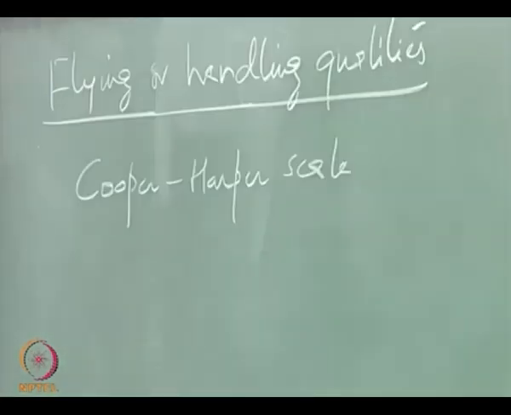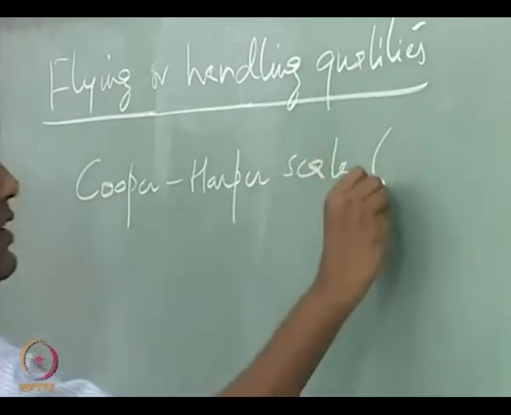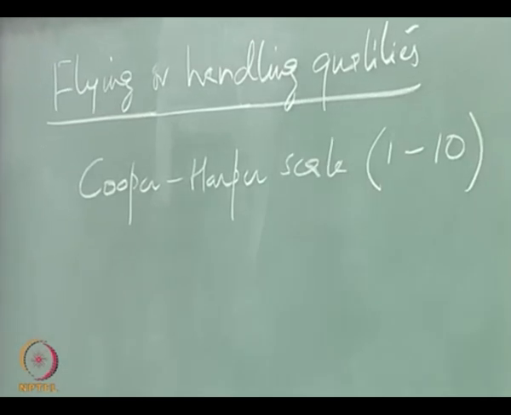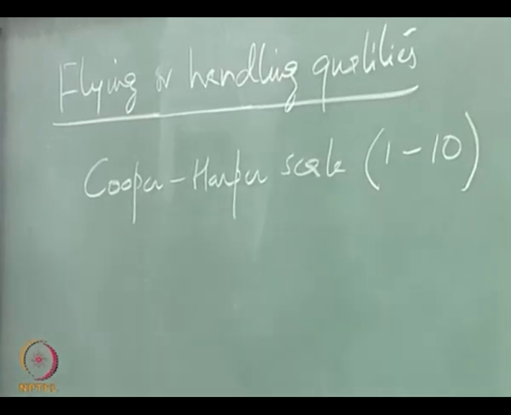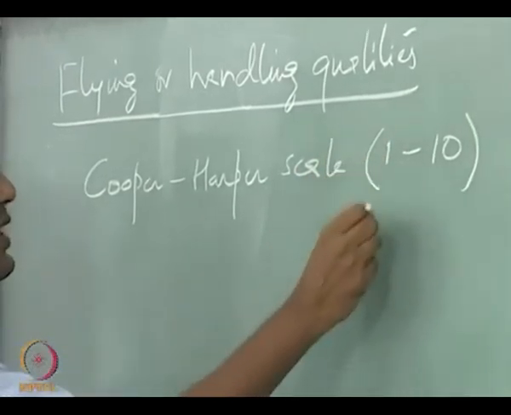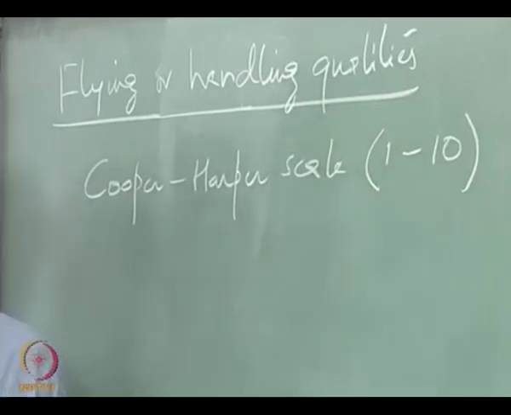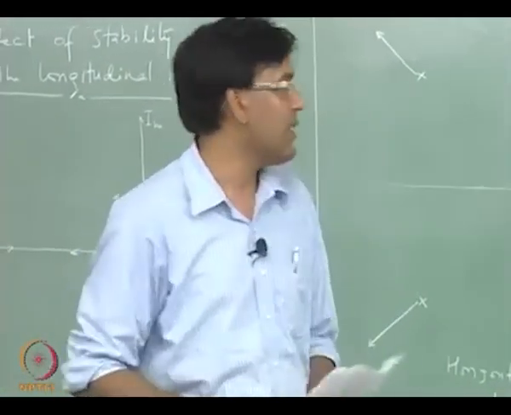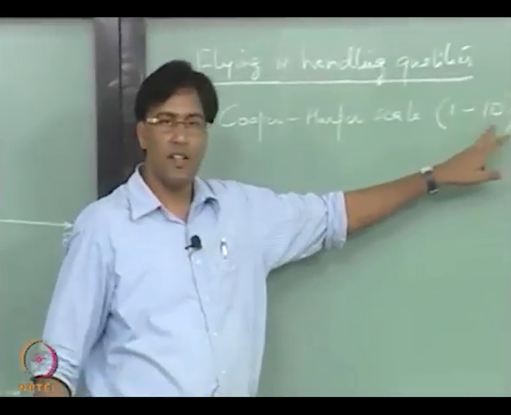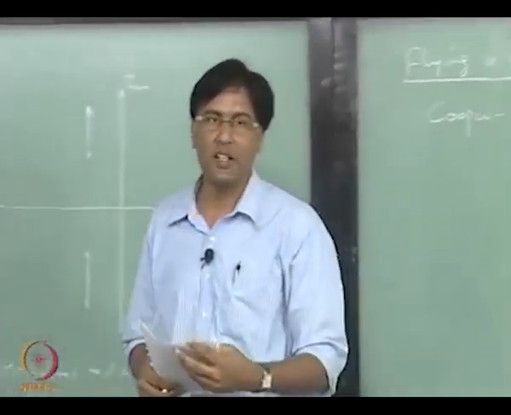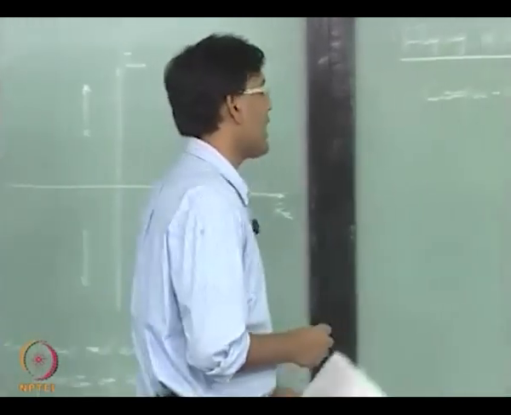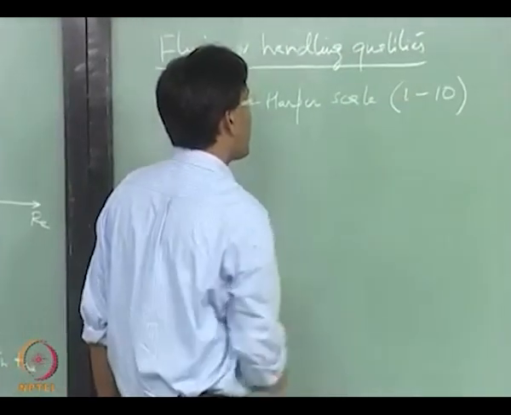Now it tells you what kind of quality your aircraft is having, okay. So on the 1 to 10 scale, if the rating is 1, then your aircraft is excellent, okay, in terms of satisfying the pilot in terms of all other requirements. If it is 10, then you better go back and change something in your design, or maybe you change a design control system which can add to the flying and handling qualities.